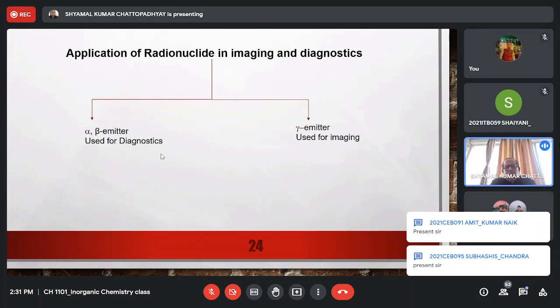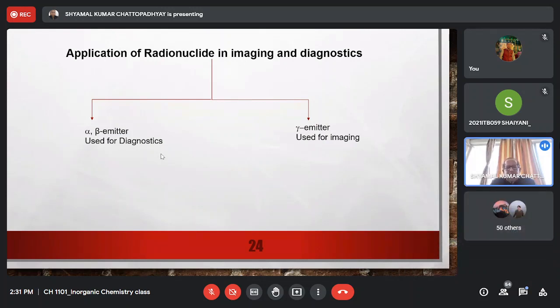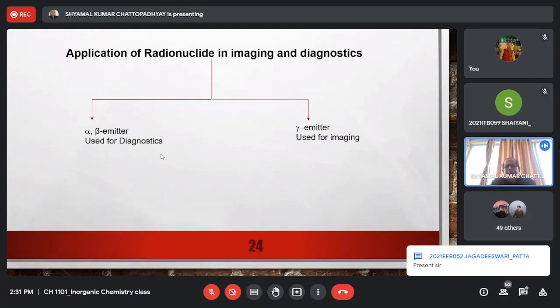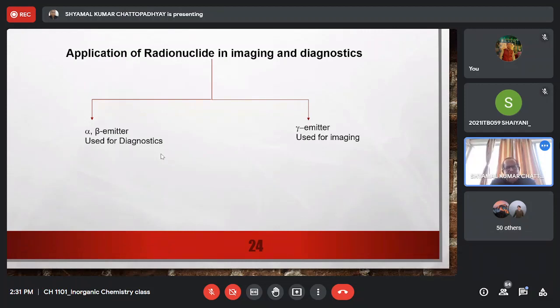Now, all of you know from your school knowledge of radioactivity that alpha and beta rays have less penetrating power because they are particles more or less. Whereas gamma ray is shorter than X-ray in terms of wavelength, and it has much penetration power.